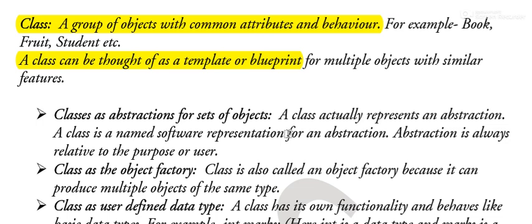Here, template or blueprint is a predefined structure. Suppose in a printing press, at first a proof is designed and many posters are printed using this proof. Here the proof is a class and posters are its objects.